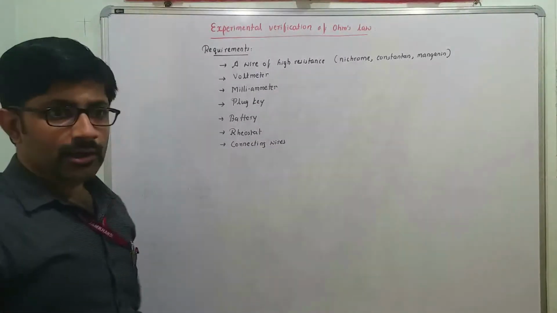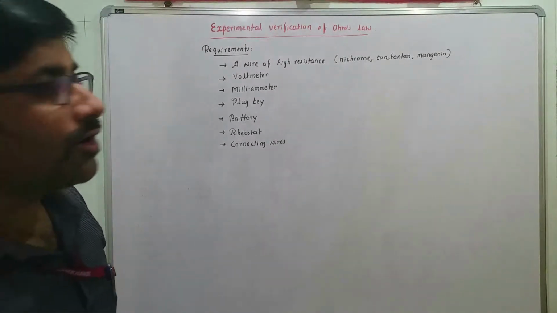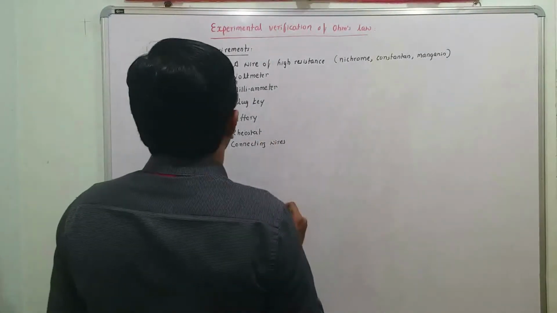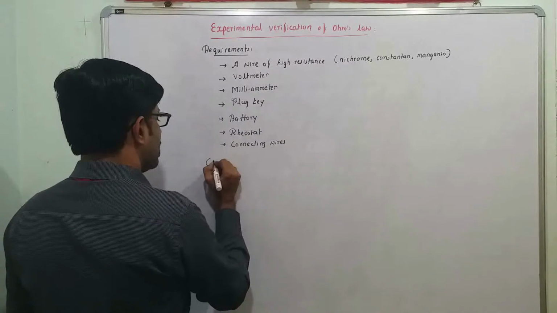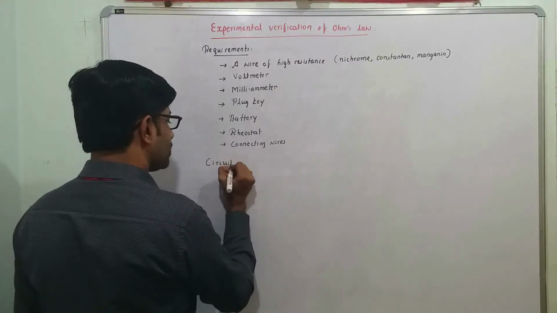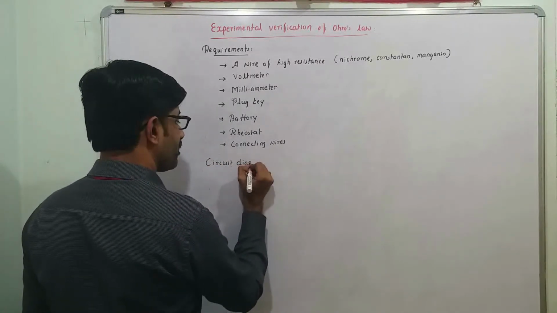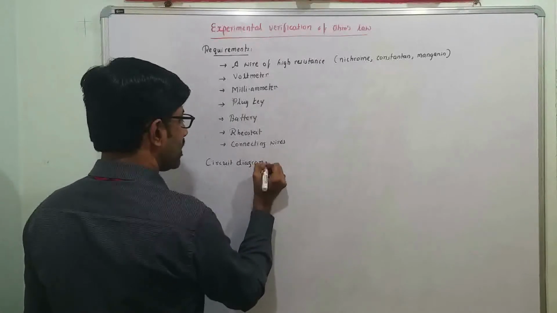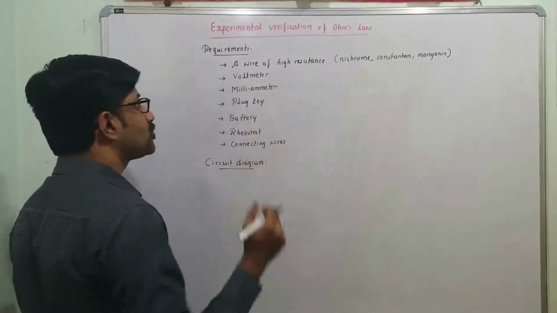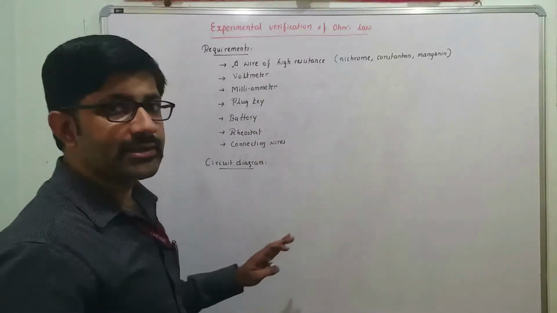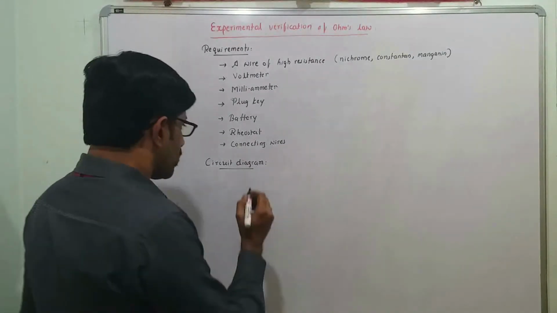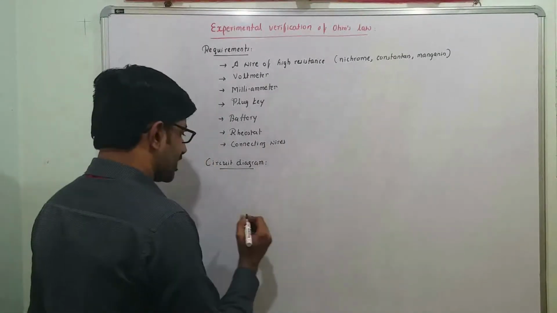Now let us draw the circuit of Ohm's law. That is the circuit diagram we are mentioning. As I was saying, these are all the materials we use in framing the circuit. So let's go on drawing the circuit diagram.